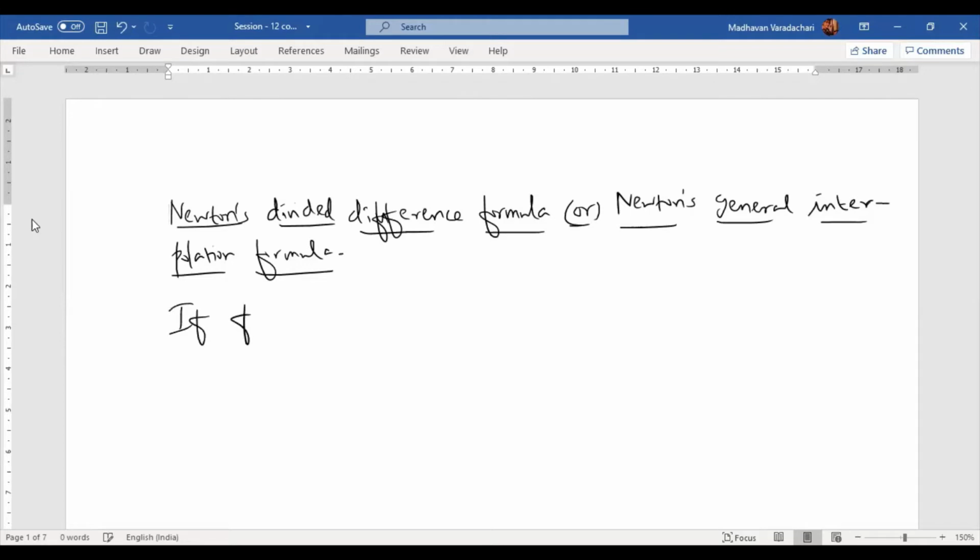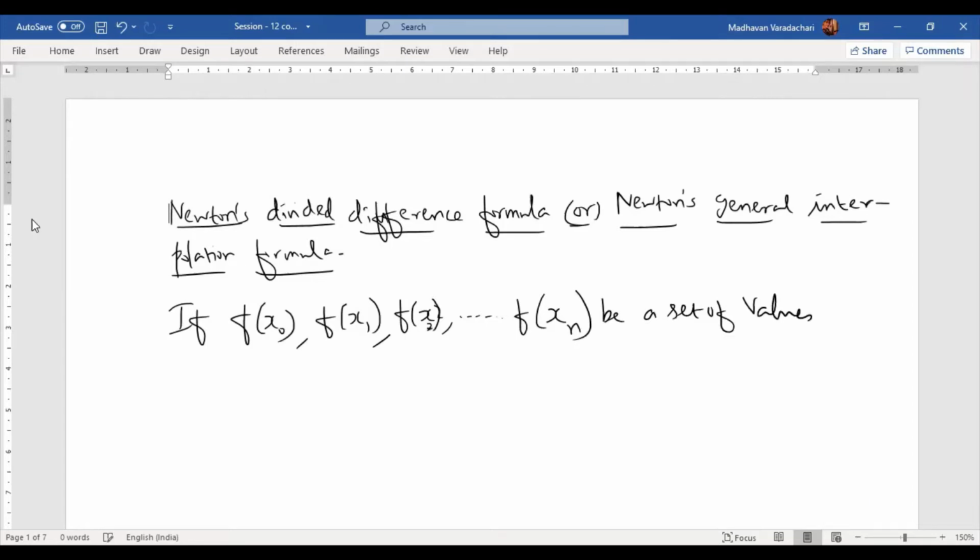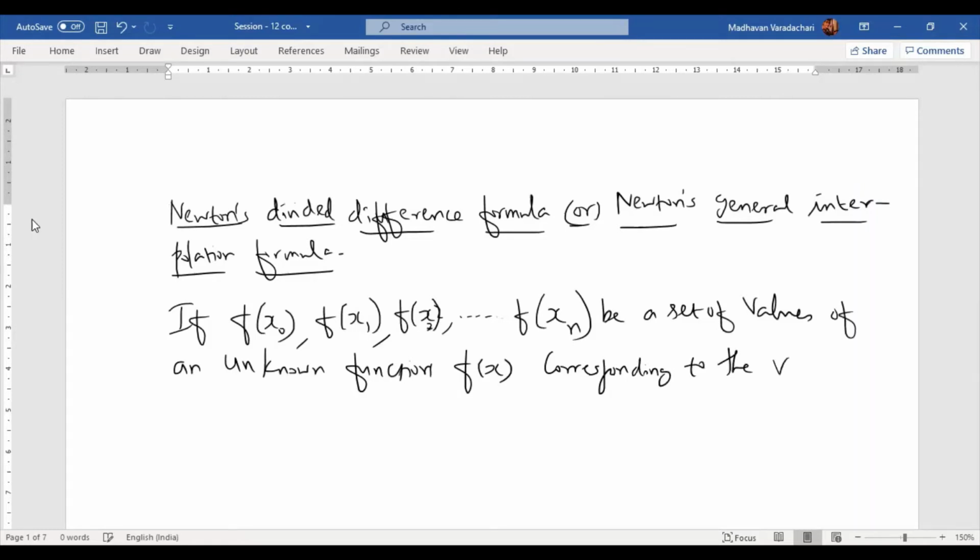If f of x naught, f of x1, f of x2, and so on, f of xn be a set of values of an unknown function f of x corresponding to the values of x, such that x takes the values x naught, x1, x2, and so on up to xn at unequal intervals.